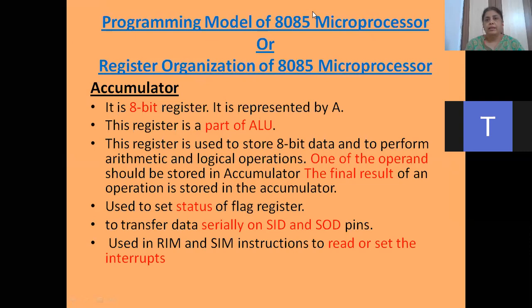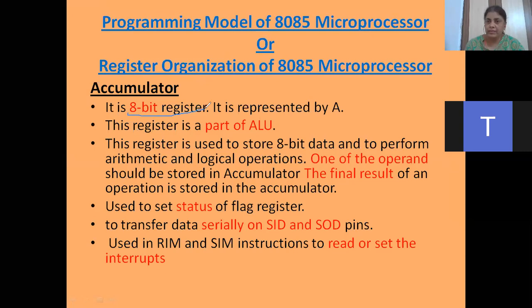In the accumulator, first of all, it is 8-bit. As you all know, since our 8085 is an 8-bit microprocessor, storage should be 8-bit, processing should be 8-bit, and transfer of the data should be 8-bit. Means your data bus should be 8-bit.